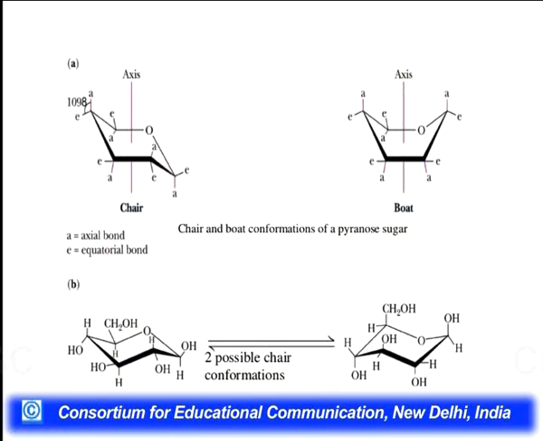So these are the Haworth structures. As I've said, chemists believe that we should represent the chair conformation.